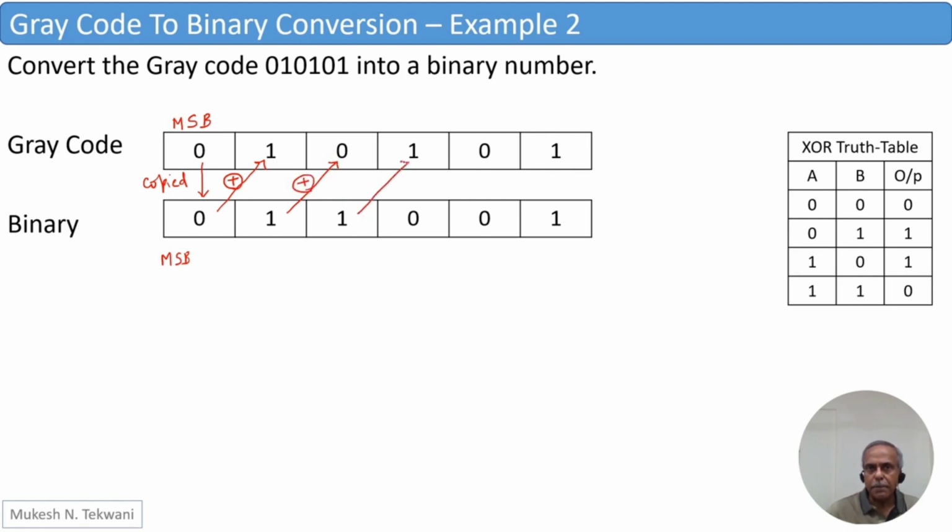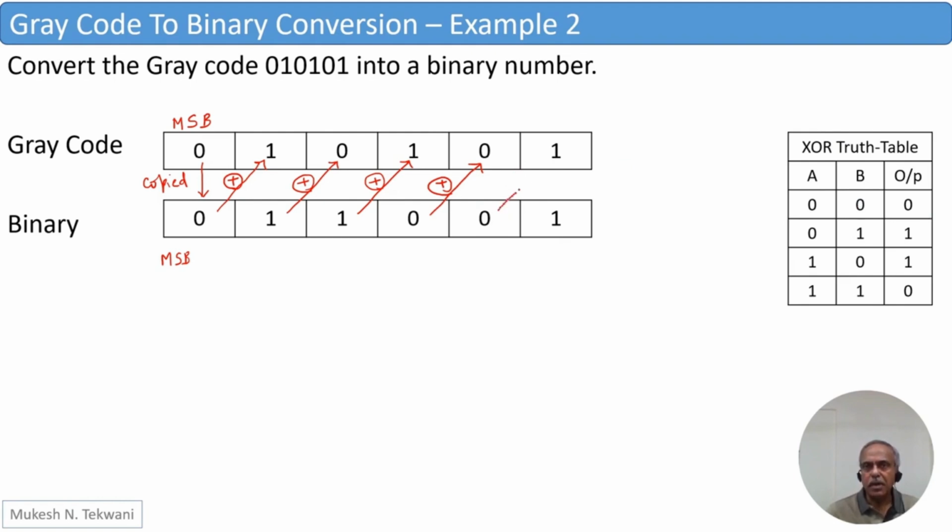This 1 XORed with 1 of the gray code gives us 0. 0 XORed with 0 is again giving us 0 because both bits are identical. So from our truth table we know when both bits are identical, the output is 0.